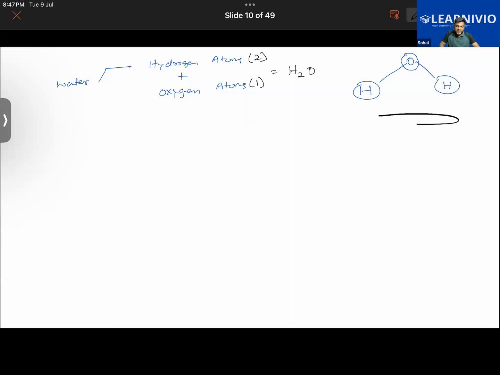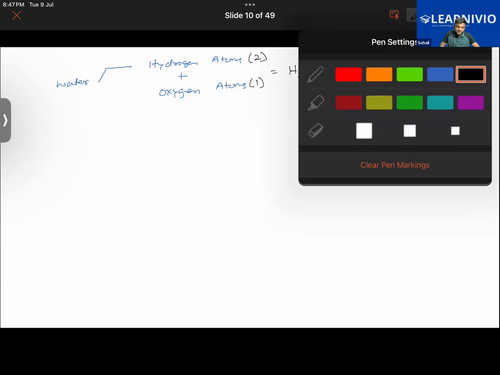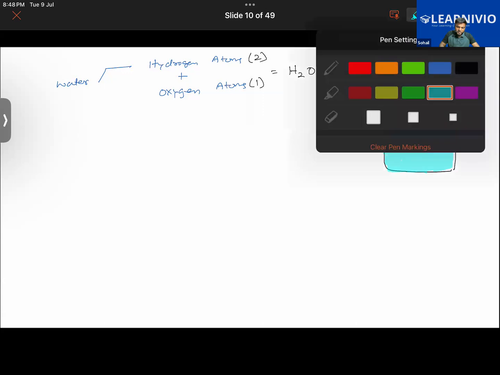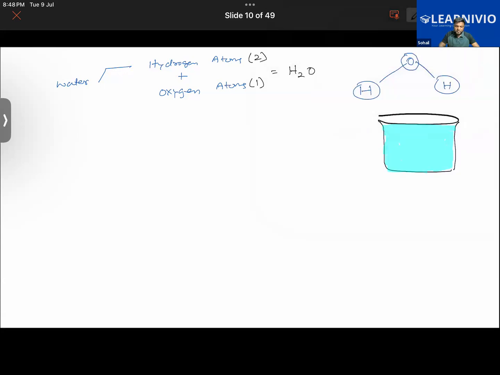So when you have a beaker of water or a glass of water, say it is filled with water. In this, whichever part you look at, whichever drop of water you look at, it would have the same molecule. This is the molecule of water.